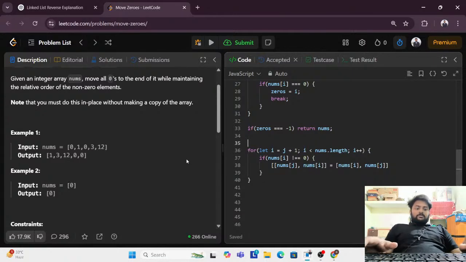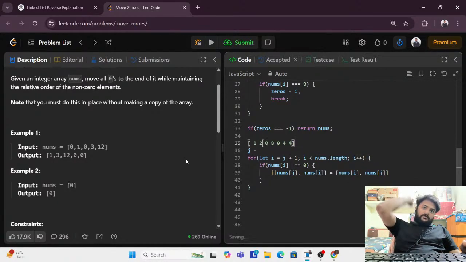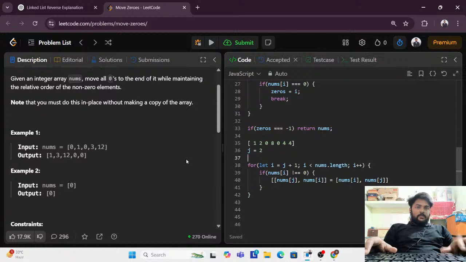Let's imagine, let's say 1, 2, 0, 4, 8, 6, okay? So the first time I found 0, at what index? 0, 1, 2. And I am saying over here that the index should start from the 3, which means 0, 1, 2, 3. We'll start from the 3.